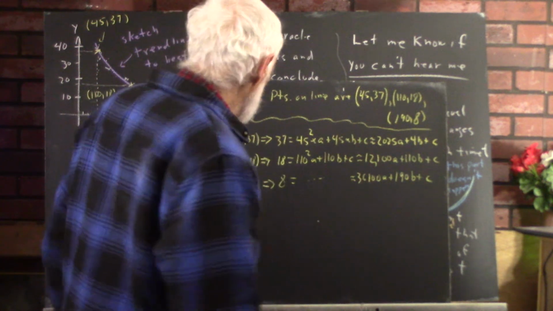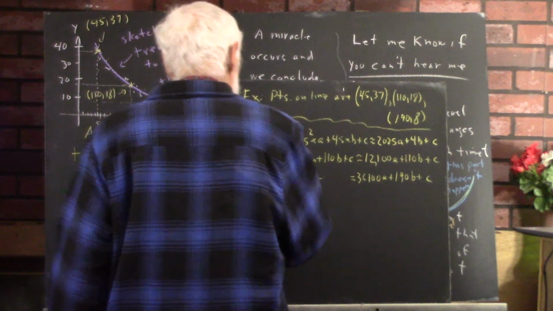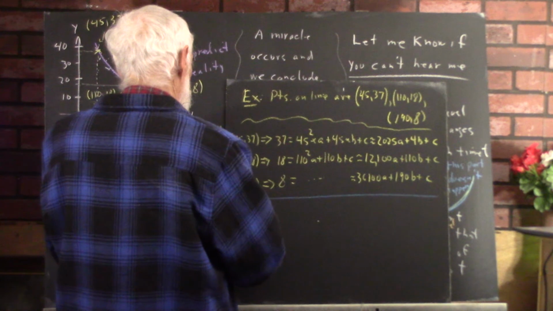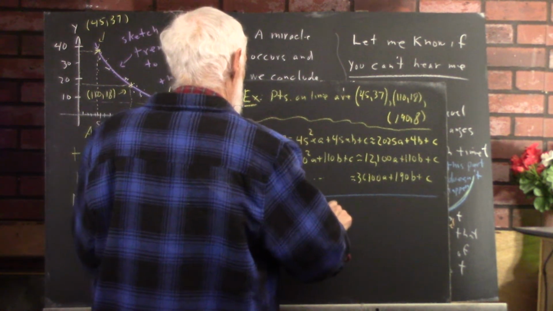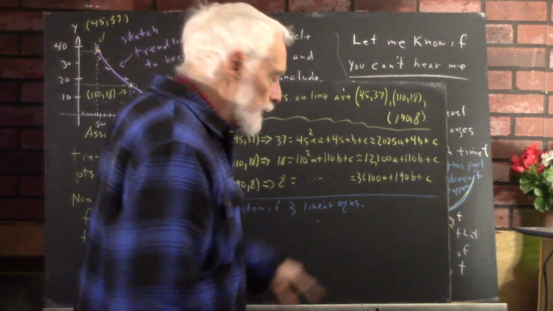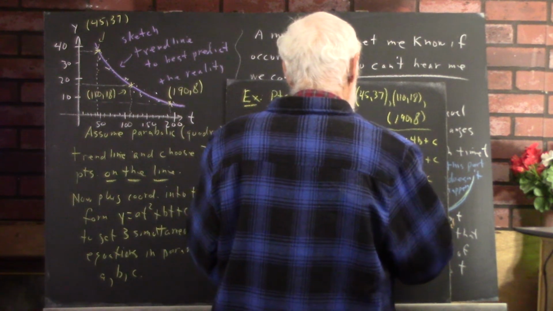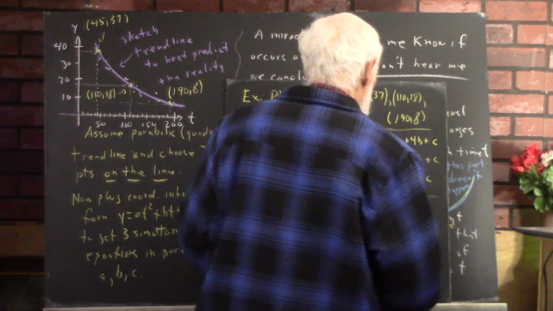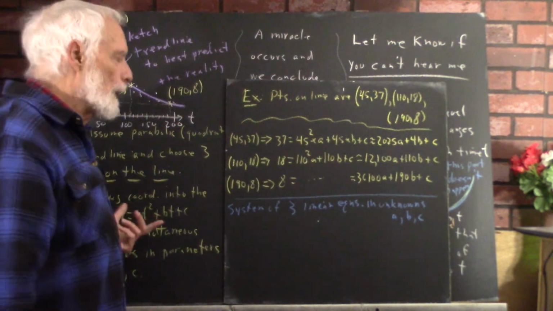So we have this. So now we have a system of three linear equations in the unknowns A, B, and C. And that's what I referred to as our parameters of the model.